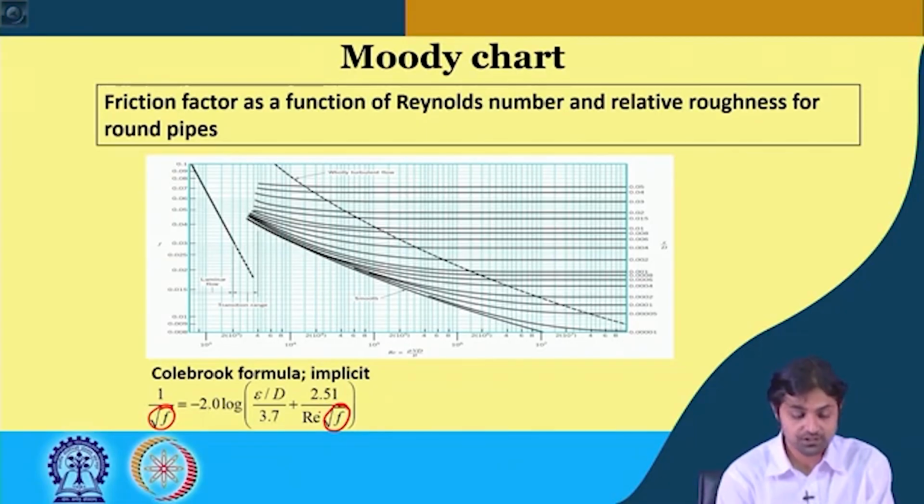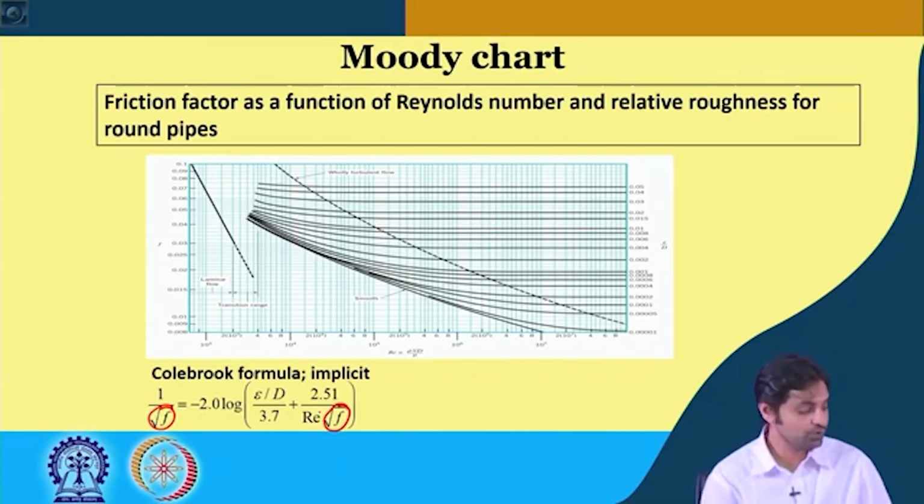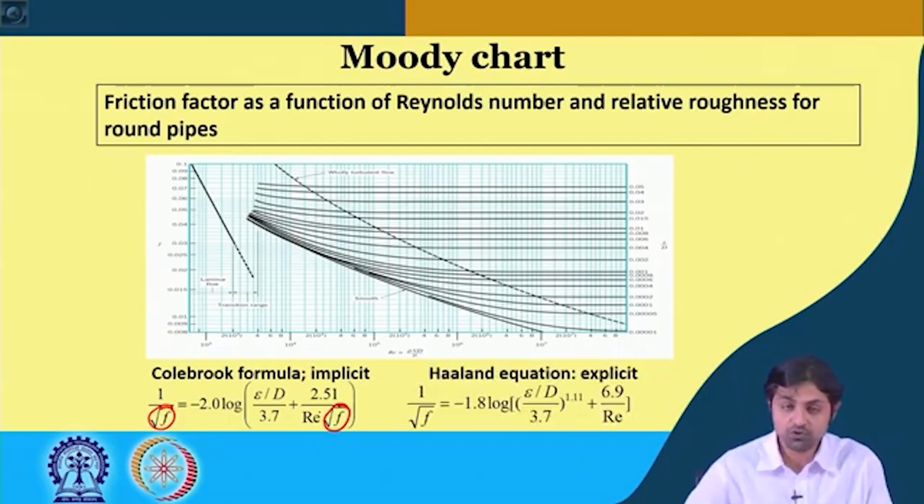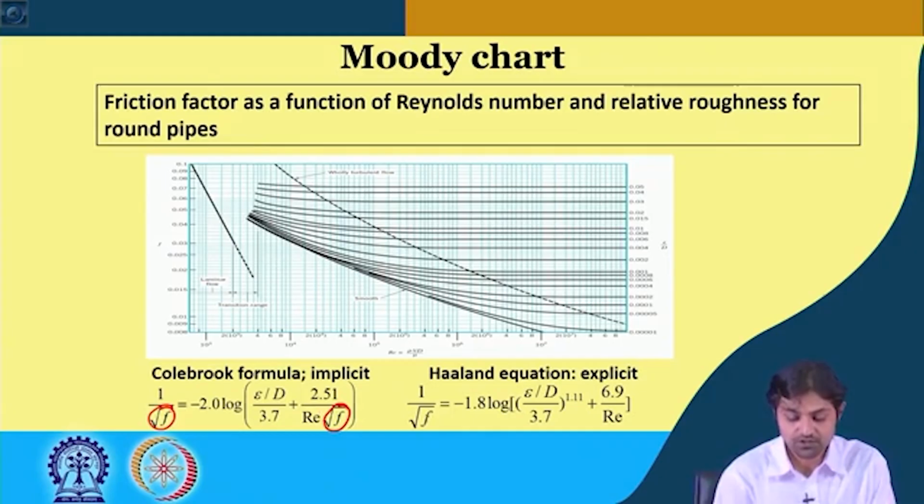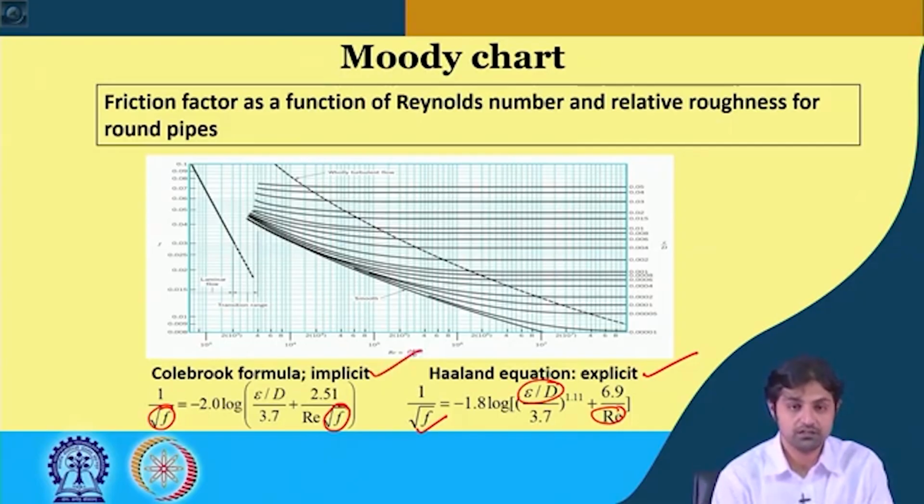The solution for this formula can be done through trial and error. Or you can use another formula which is totally explicit in nature, which is called the Haaland equation. Here the friction factor unknown is only on the left hand side. So if you know epsilon by d and Reynolds number, you will be able to find the value of f. This equation you must remember, and also this, because some of the questions could be based on the Colebrook formula as well.